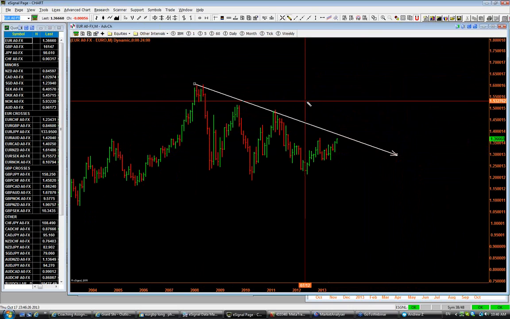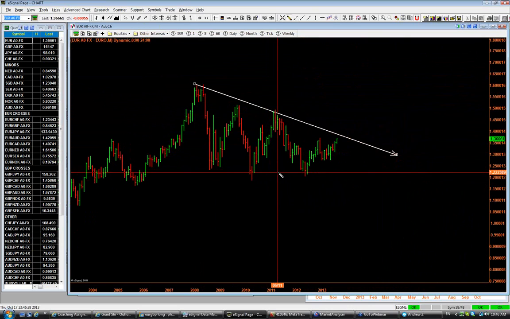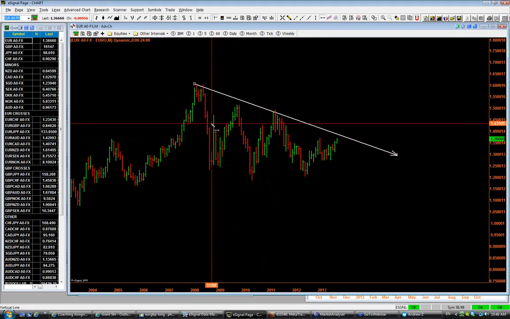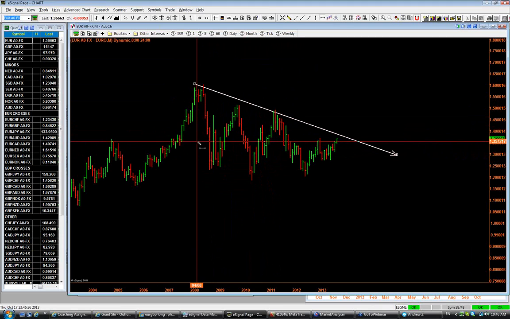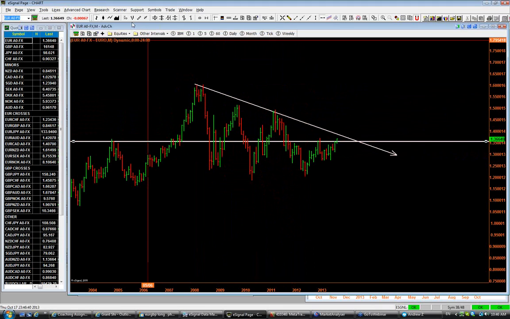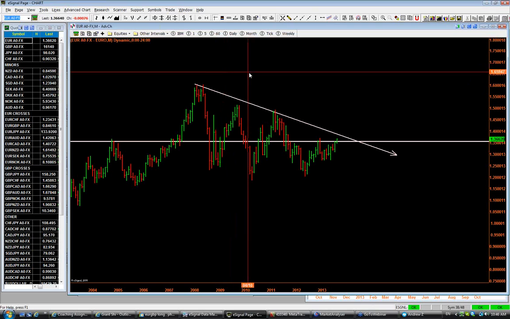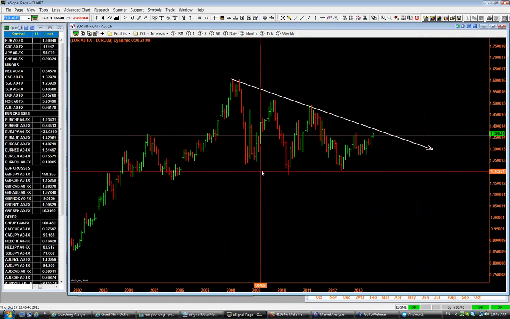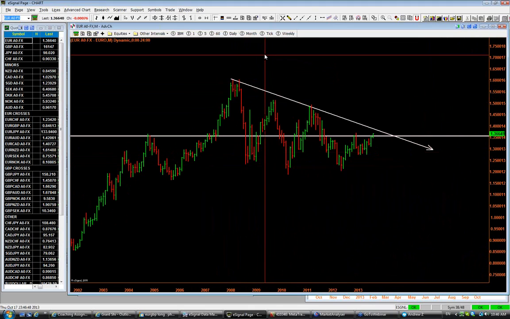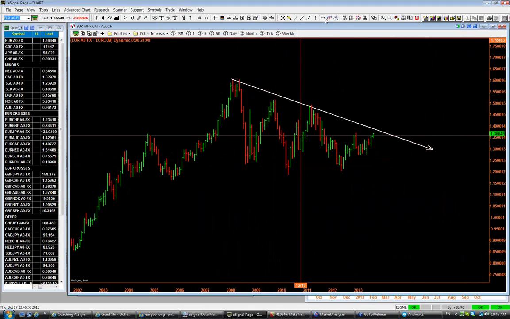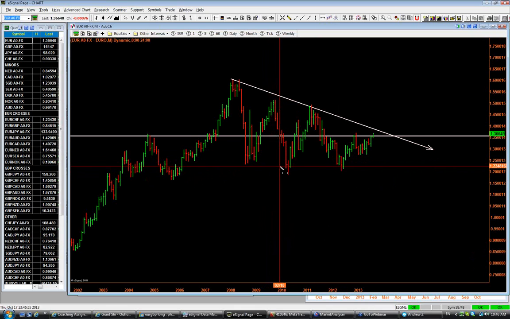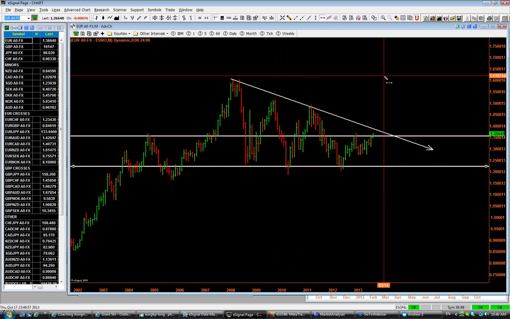You need to draw the horizontal here, resistance and support, like this. That's the triangle here. Just let me work it out. Right, roughly over here.